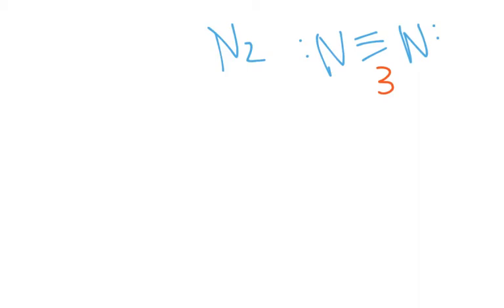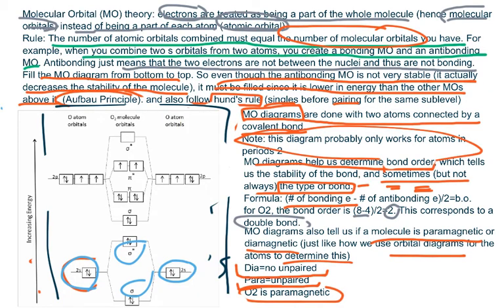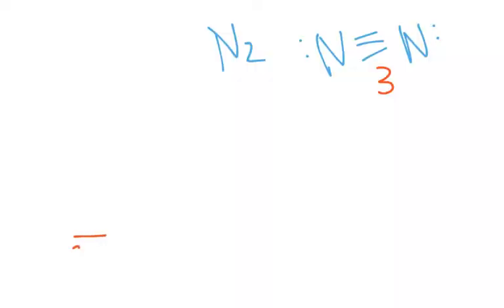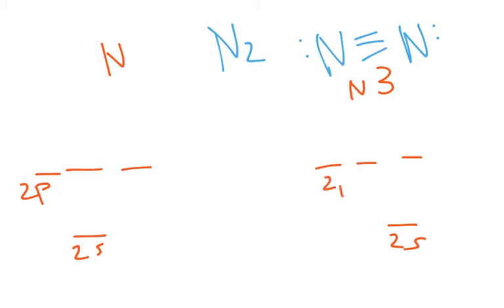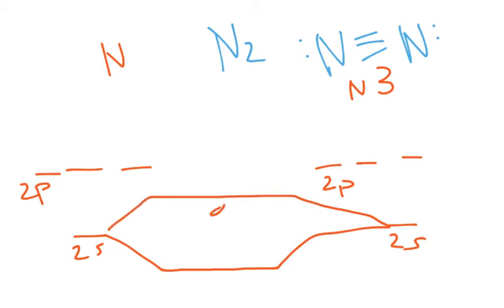So N will have 2s and 2p electrons, so we have to copy this entire diagram. We have 2s on each side, and of course we have nitrogen on each side, and then 2p 3 times, since there are 3 2p orbitals for nitrogen, and we have to combine them. So we combine it like that, and let me try and make this look as nice as possible. So this is the anti-bonding, this will be the normal one, and then the same goes for here.